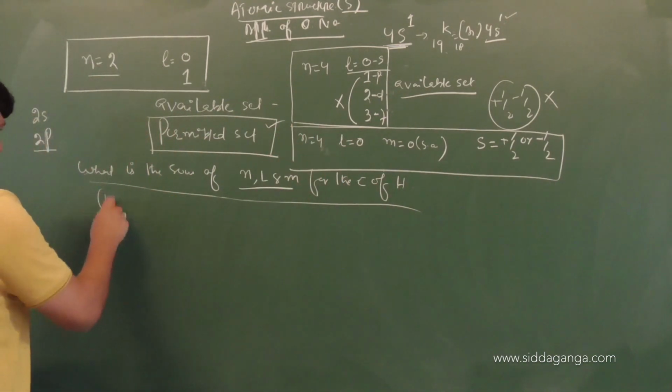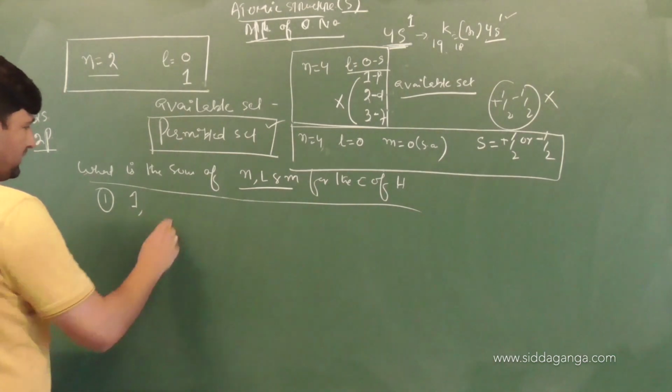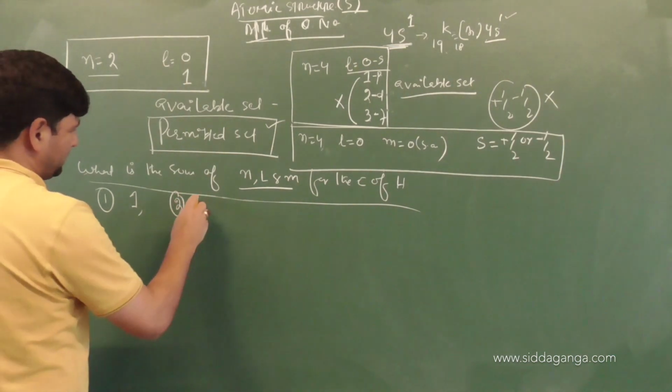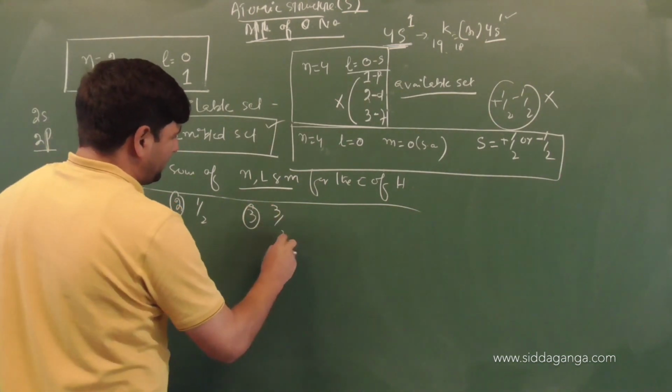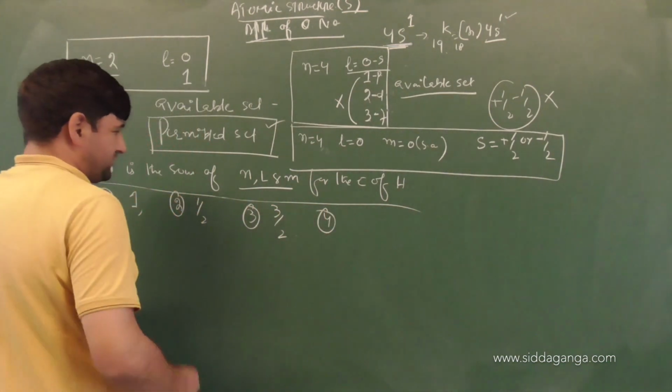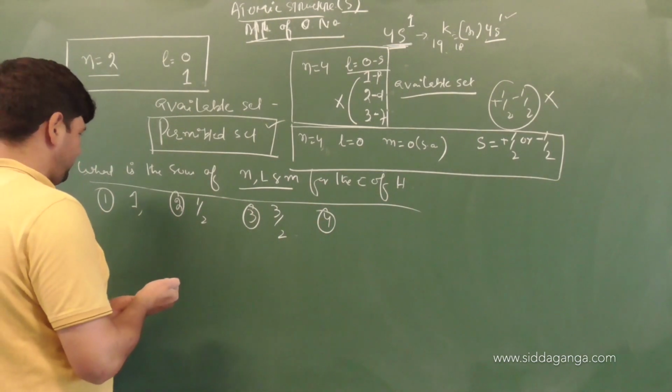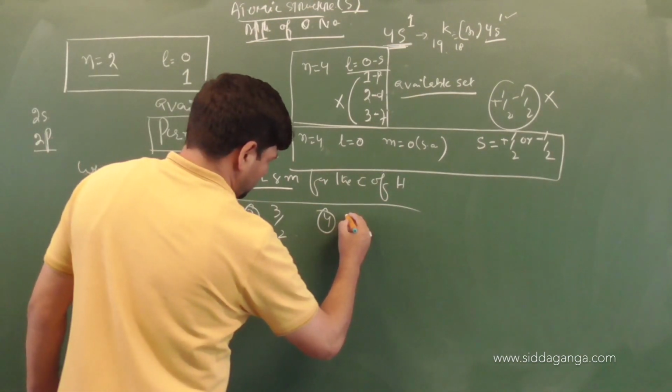So your options are: option 1 is 1, option 2 is 1 by 2, option 3 is 3 by 2, and option 4 is 0.